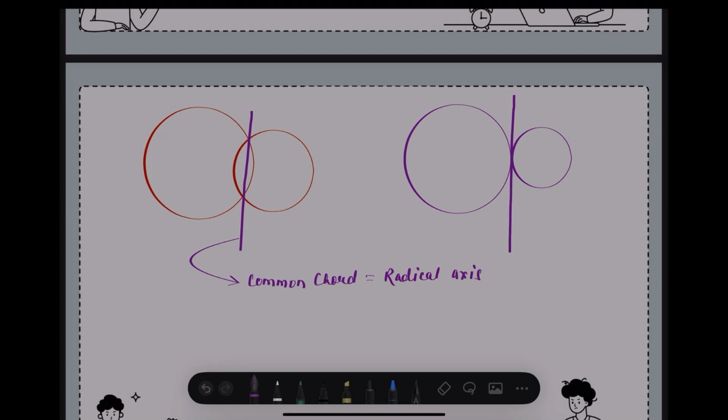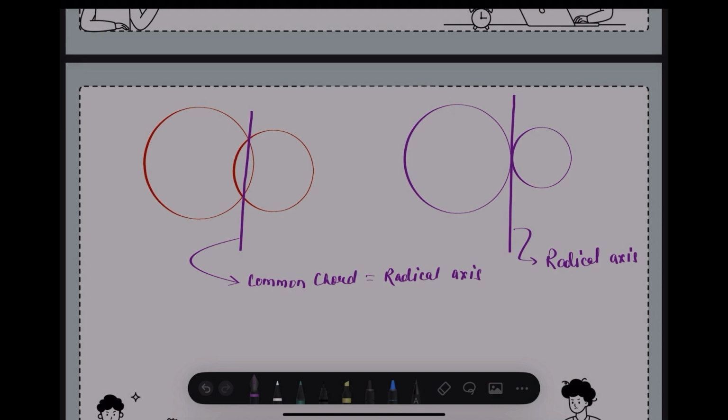You know that there will be three common tangents. And I am talking about this. You know that direct common tangent, transverse common tangent. So I am talking about this tangent. If you want to find out this, go with radical axis. Directly you will find out this common tangent.